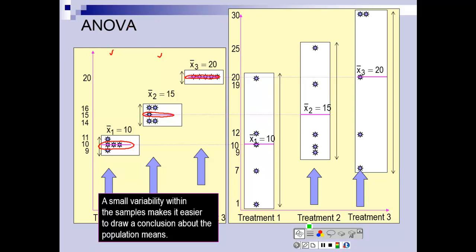If we had, let's go back to this first slide over here, and we were just looking at sample 1 itself, we could ask the question, do we have enough evidence to conclude that the population mean is greater than 7? And since 7 is down here, I'm going to be pretty confident that the population mean of that group is greater than 7. So in all of our tests, those are the two things that go into it.